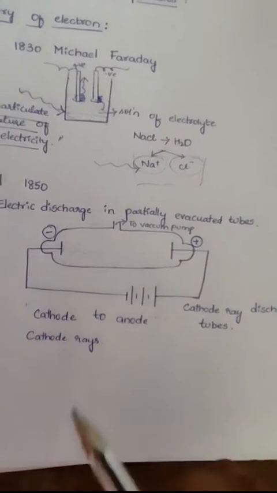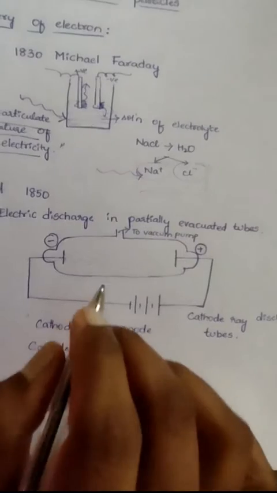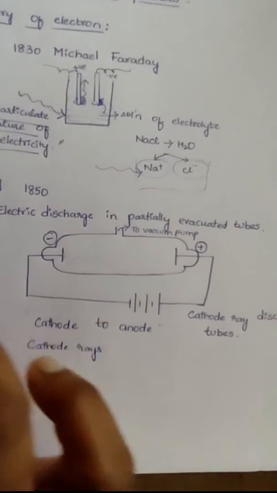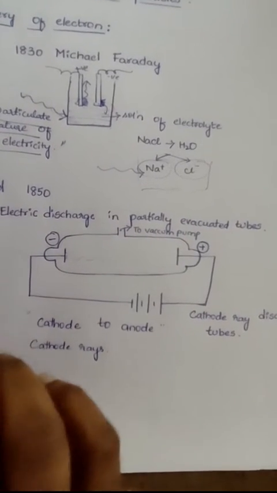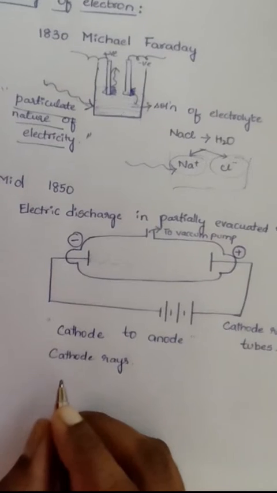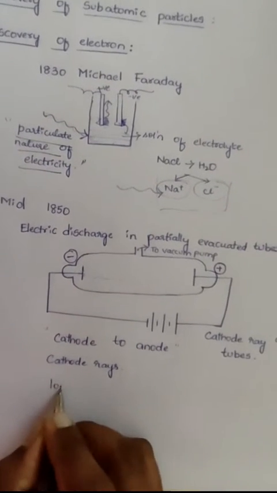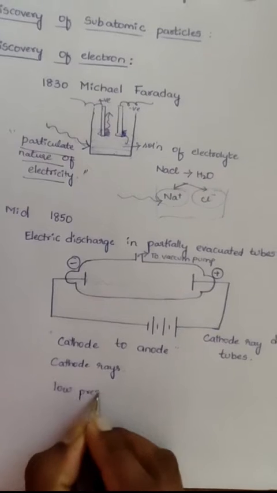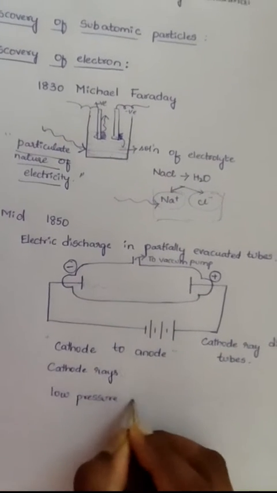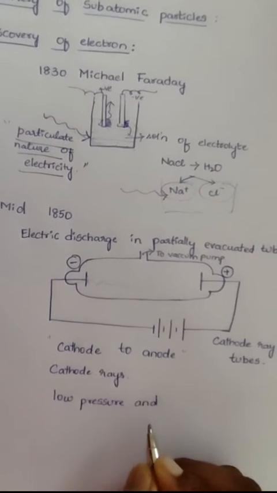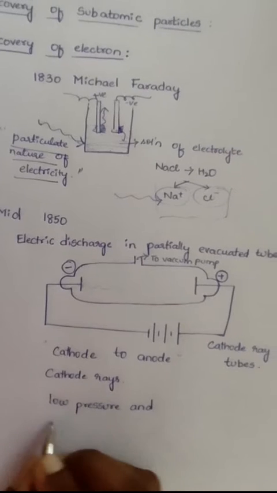But the compulsory condition is that cathode rays are emitted only at low pressure and when high voltage is applied.